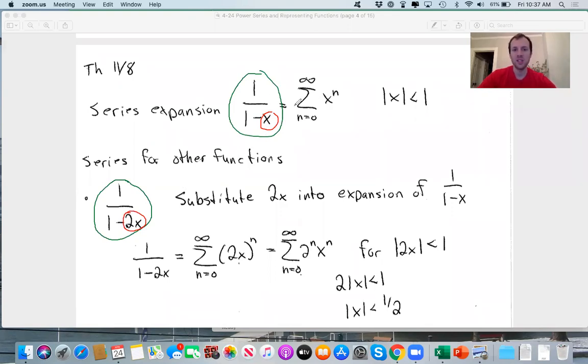In this series expansion, this x is what was raised to the power. So make the same move with this series: take this form, but instead of x being raised to a power, 2x is what's raised to the power. We have the right form. It's basically 1 over 1 minus something, but that something is now what we raise to the power.